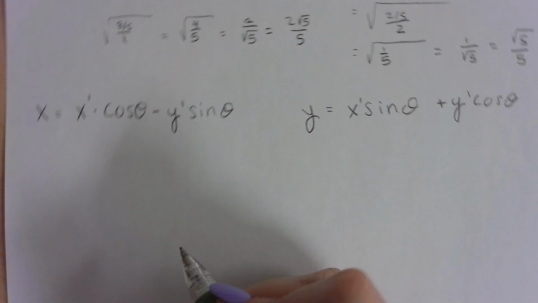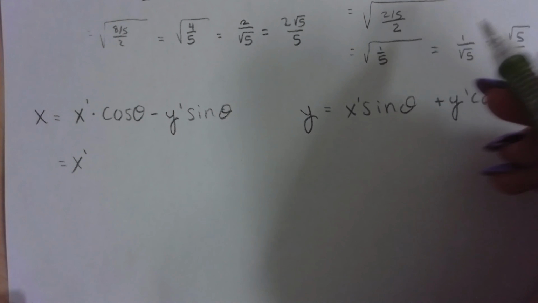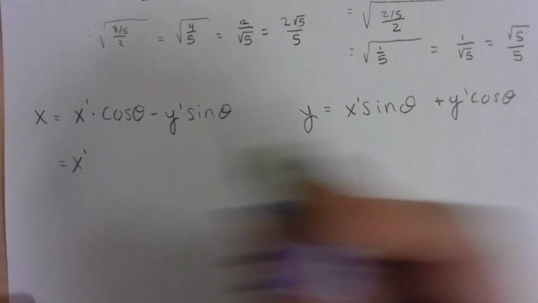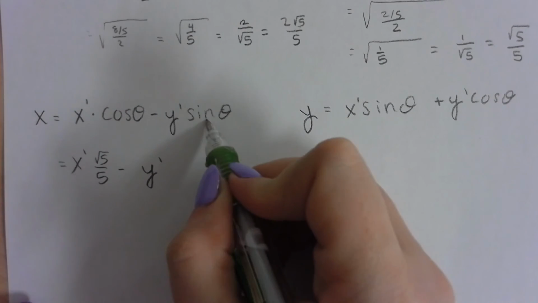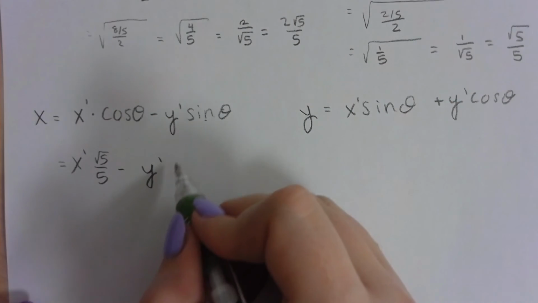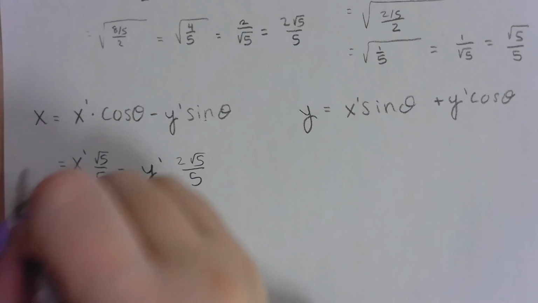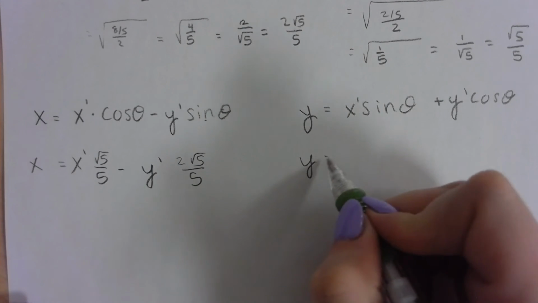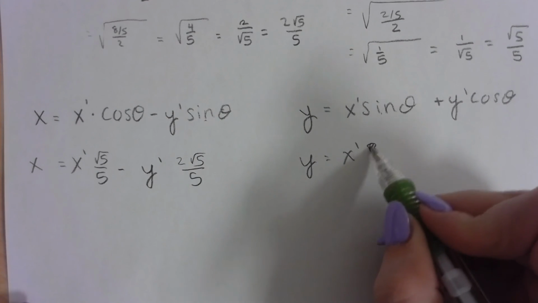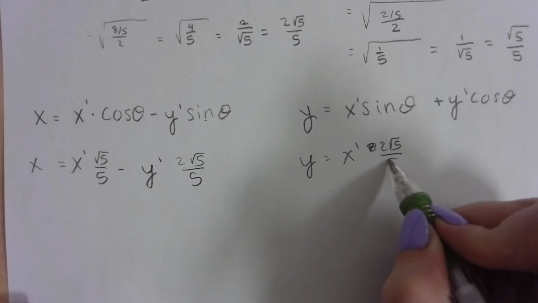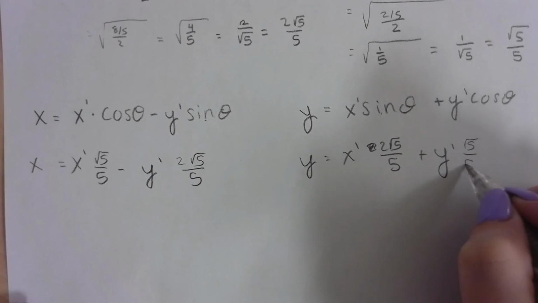So we know that cosine of theta is root 5 over 5 and sine of theta is 2 root 5 over 5.